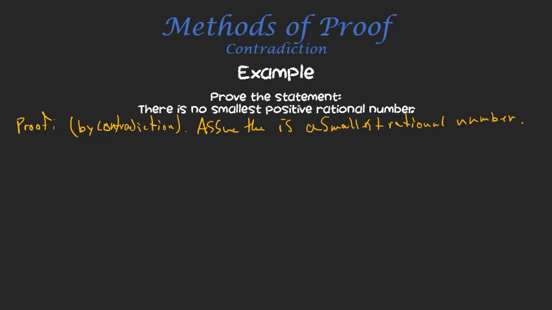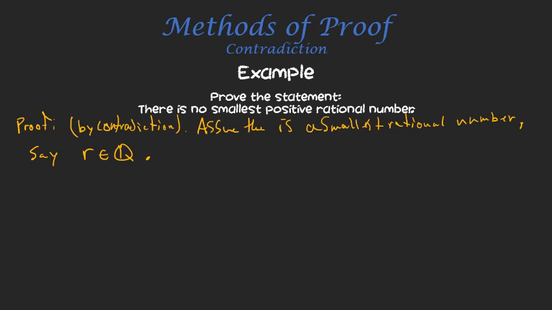So assume there is a smallest positive rational number, say R is the smallest positive rational number. So that means for any other rational number that exists, R must be smaller than it. So that seems like that's going to be the thing we're going to contradict.